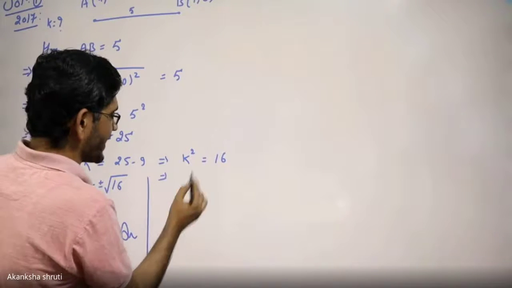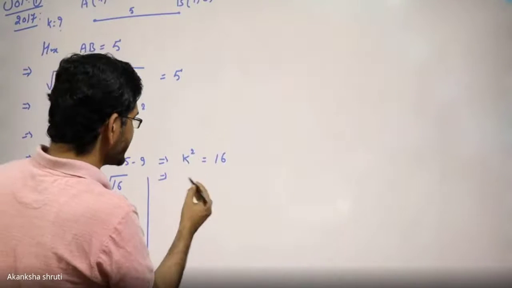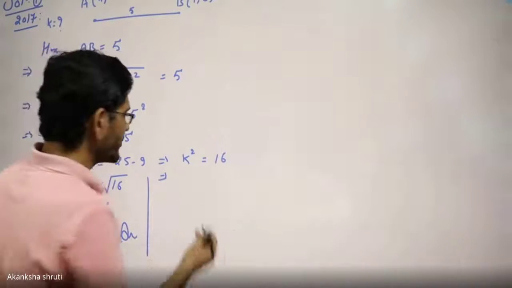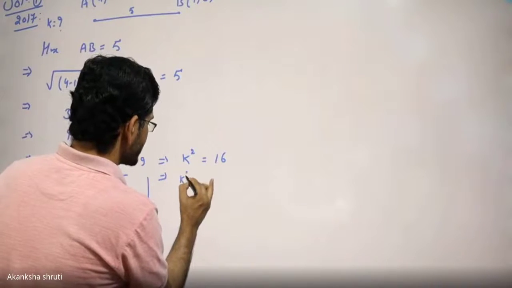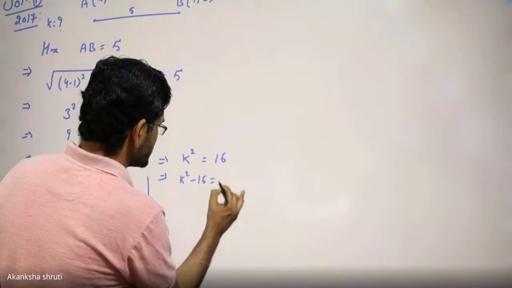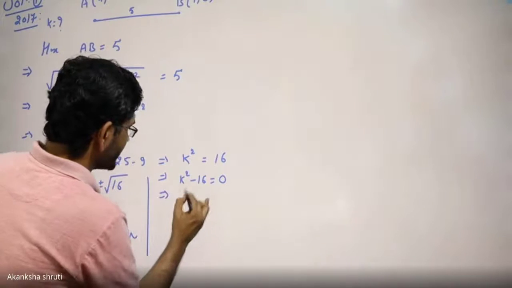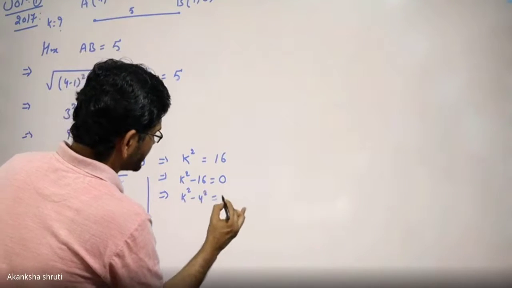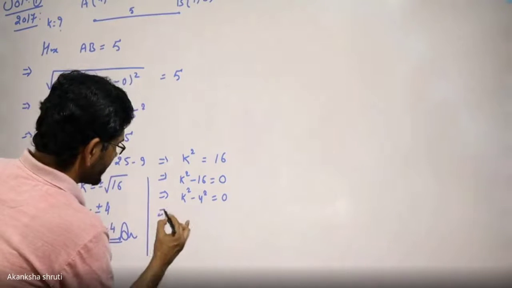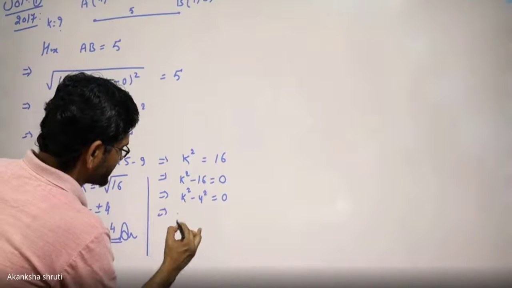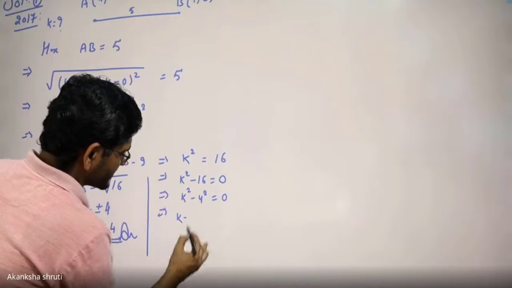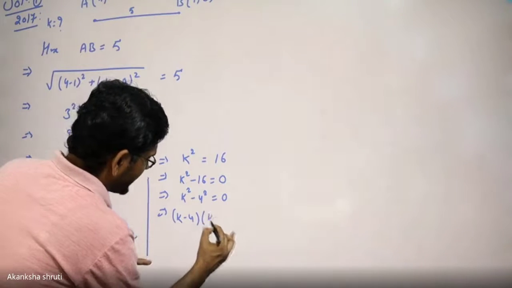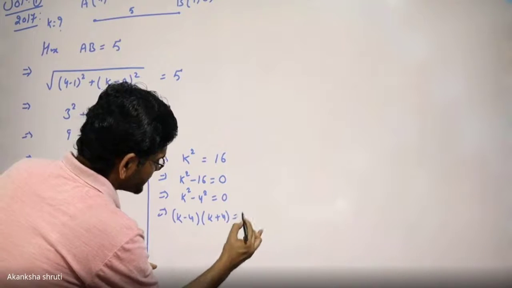Or otherwise, it is a quadratic in K, so we use the method of factorization. It is like K squared minus 16 equals 0. Go for factorization. It is K squared minus 4 squared equals 0, which is a squared minus b squared. So one bracket is K minus 4 and the other bracket is K plus 4, equal to 0.